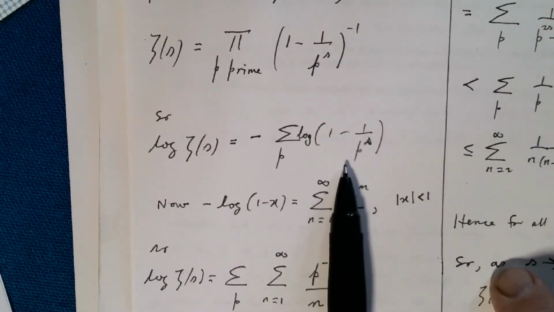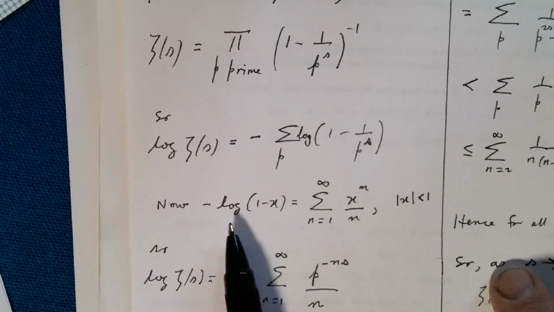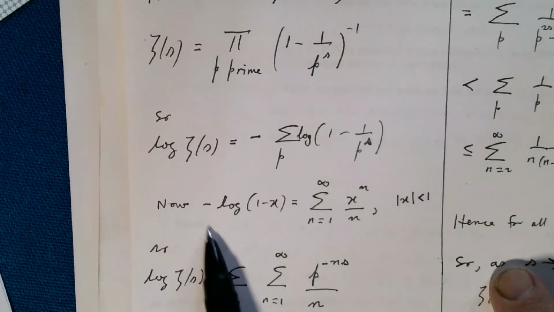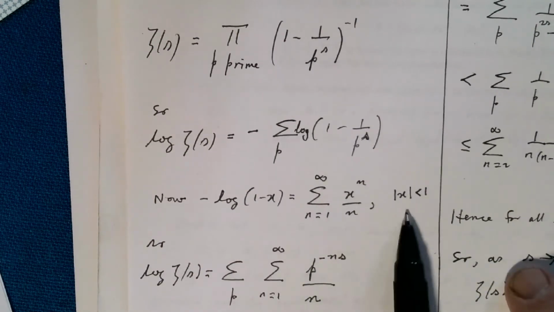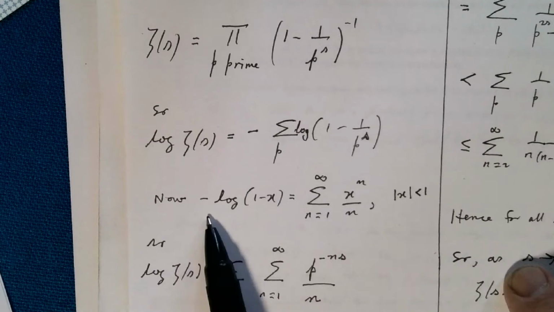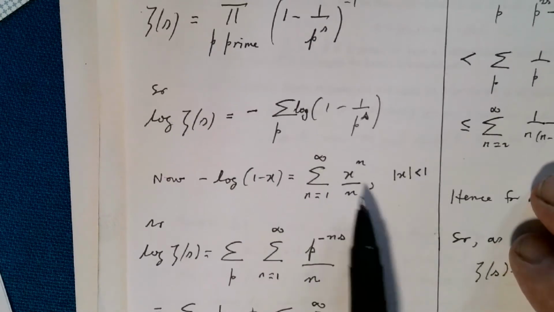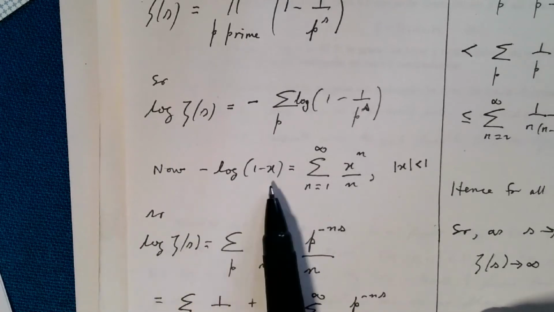Now just recall the Maclaurin series, or if you will the Taylor series, for log of 1 minus x, or minus log of 1 minus x. It has a Taylor series which is valid for mod x less than 1. So this you will know from calculus courses. That's the Taylor expansion, or the Maclaurin expansion of this.